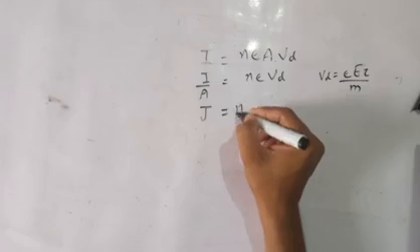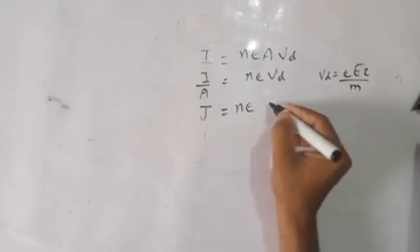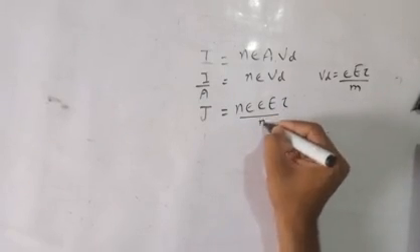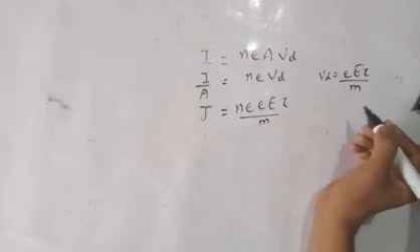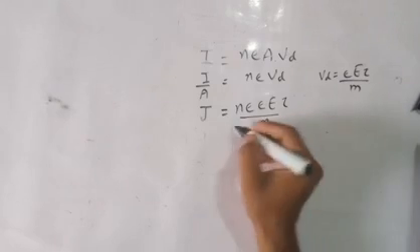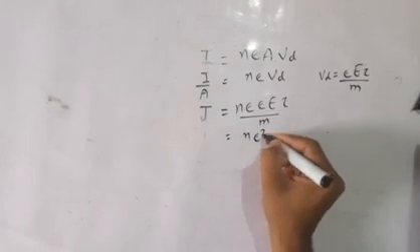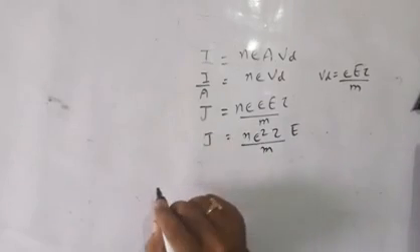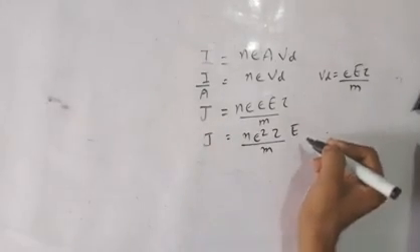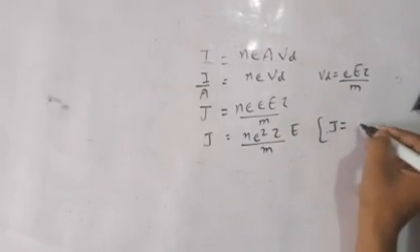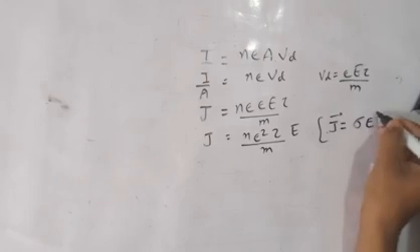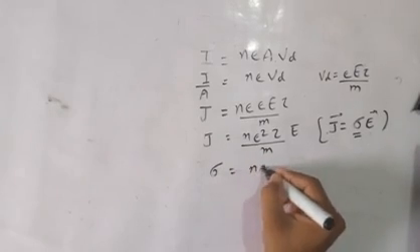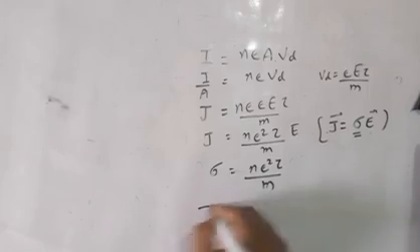So n e into e tau upon capital M. It becomes n e square tau by M into E. This is J. Now compare with this equation. J is equal to sigma E. Sigma can be written as what? n e square tau by M.